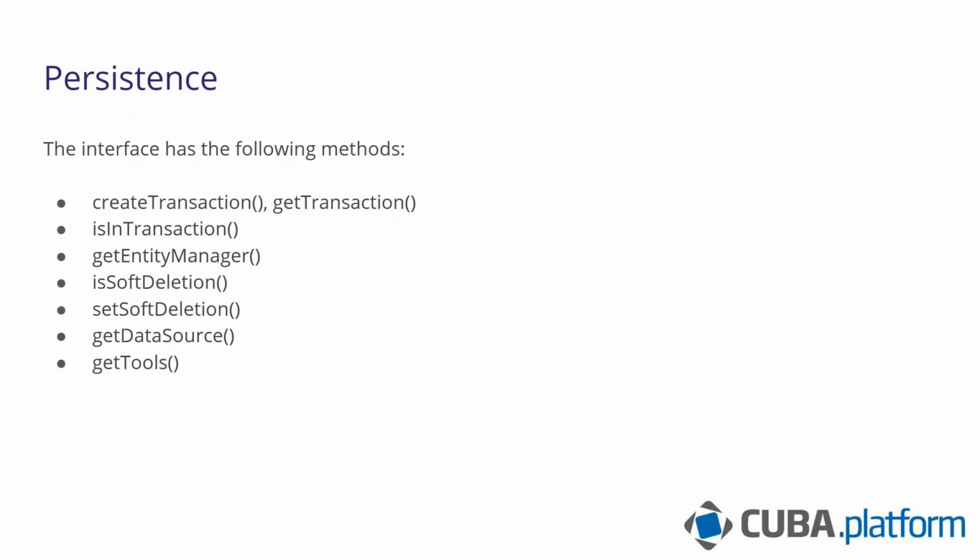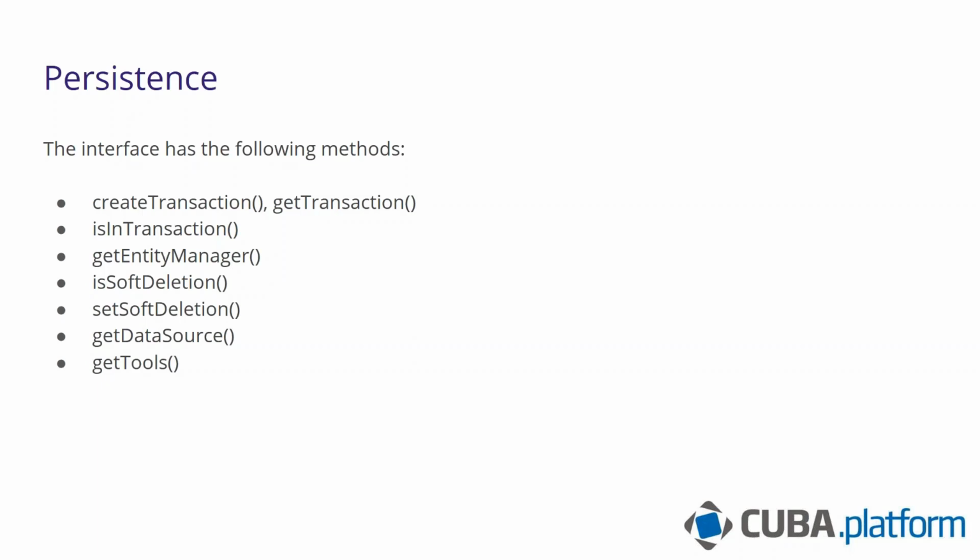Also, there are methods for soft deletion control. You can enable or disable soft deletion mode. Setting this property affects all newly created EntityManager instances in this transaction. Also, we can get the underlying Java SQL data source instance for the currently used database.